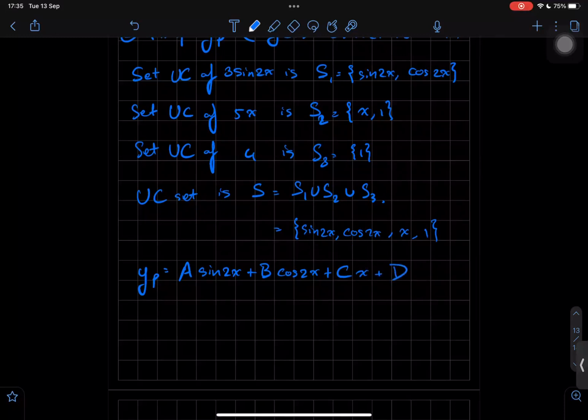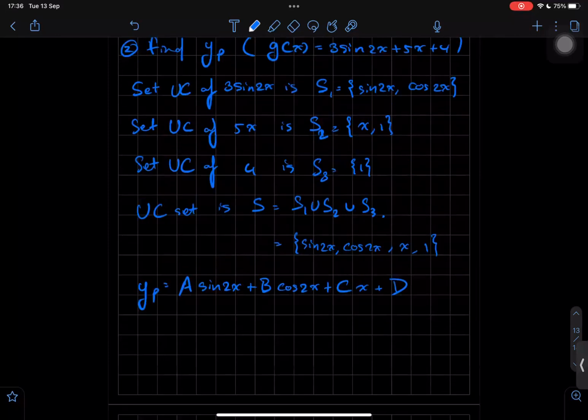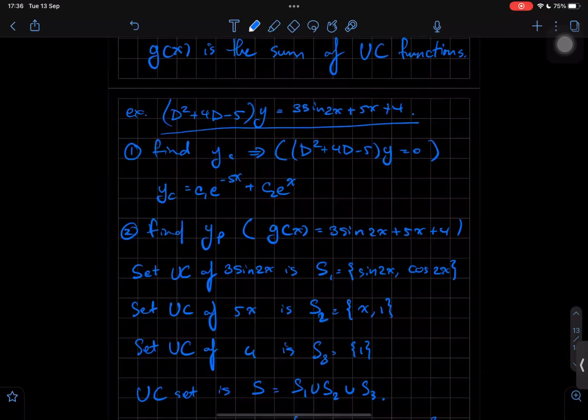Now from the differential equation you can see you have D squared and 4D, right?